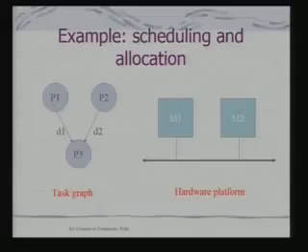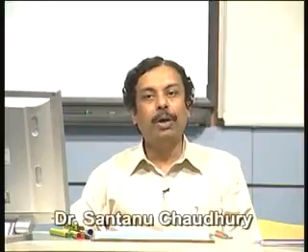Mapping of the tasks also implies scheduling of the tasks. Trying to do partitioning and scheduling, that is allocation and scheduling together, is a complex problem. But scheduling in a way is related to allocation as well.